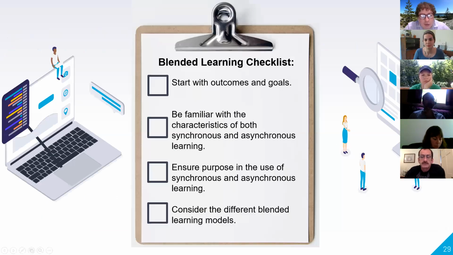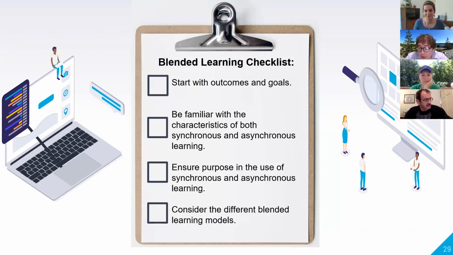So we always like to end with a checklist. So our little blended learning checklist. Start with the outcomes and goals and work backwards from there. Be familiar with the characteristics of both asynchronous and synchronous learning. We went over some of the differences between the two and how you might leverage each of those to ensure purpose in the use of synchronous and asynchronous learning.